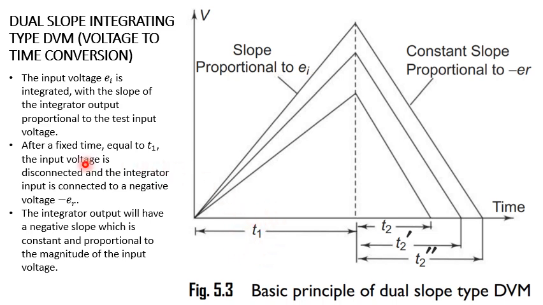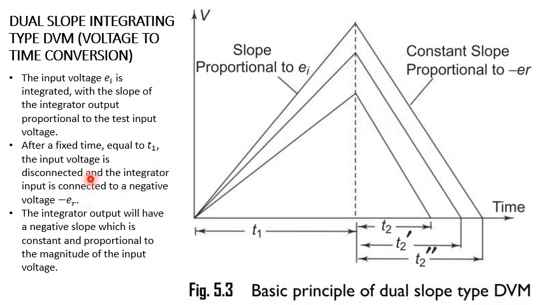Then after a fixed amount of time equal to T1, the input voltage is disconnected. That means I disconnect EI and connect a voltage minus ER. Since it is minus ER, the ramp signal will start to go down, or you can say it starts discharging the integrator.